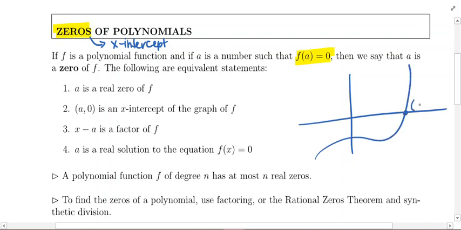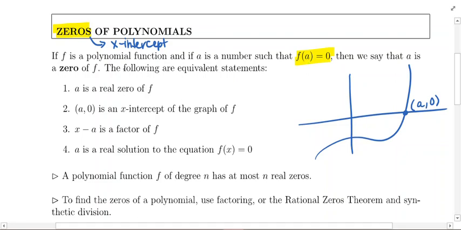This point is located at some x value, we'll call it a, but the y value is going to be 0 because it's an x-intercept. It's on the x-axis, so its y value is 0. So if you take this x value of a and plug it into your function, the output is going to be 0. That is one of the characteristics of being an x-intercept or a zero.